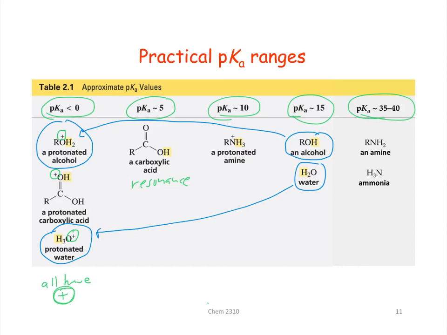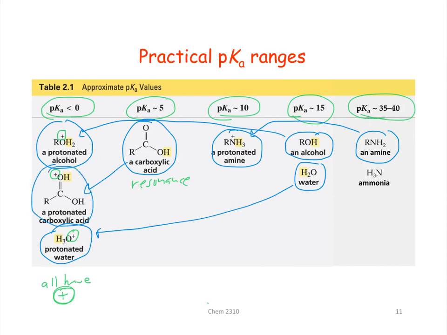The protonated alcohol is much more acidic. Let's pair these up correctly. We take the amine and go to the protonated amine, or we have the carboxylic acid and the protonated carboxylic acid. In each of these cases, the neutral species is less acidic than the one with the plus charge.